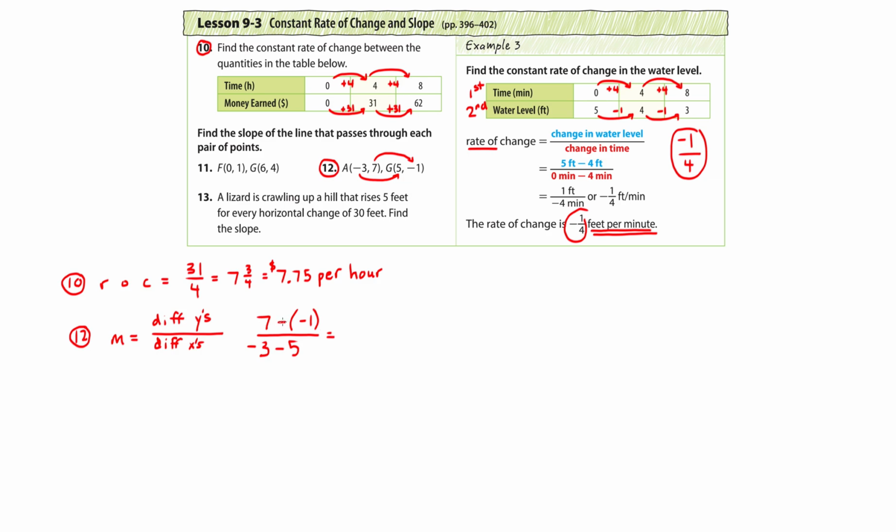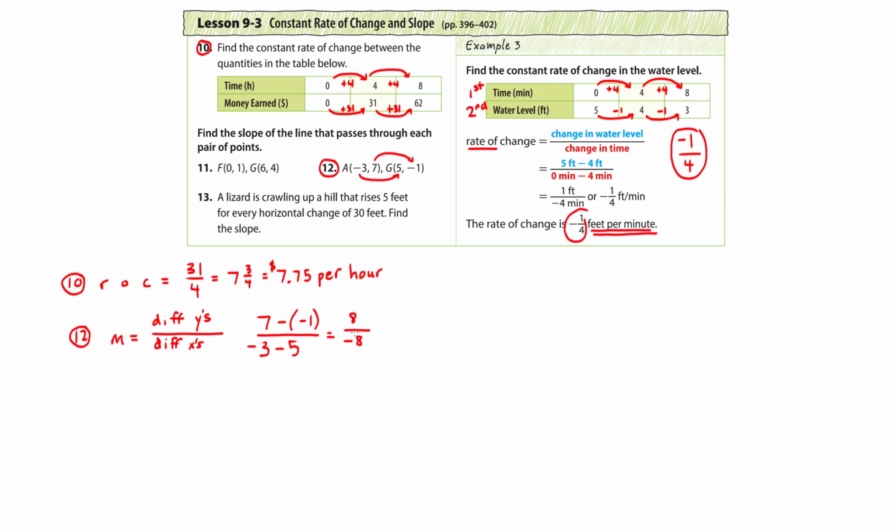So 7 minus a -1, if you call minus a negative, is the same as plus a positive. Taking away a -1 is actually a positive change. So 7 plus 1, the numerator is 8. In the denominator, we have -3 minus 5. If you're 3 in the hole and you lose 5 more, you are now 8 in the hole.